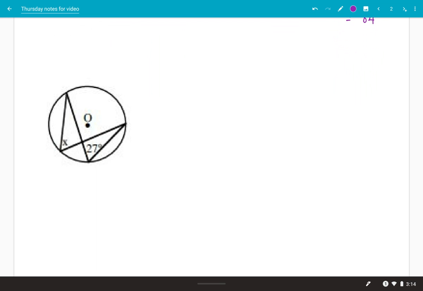Okay? Now, this last one I do like. So we always start with what we know. So this angle is 27 degrees. We want to find out what this arc is. So this arc is going to be twice the angle. So it is going to be 54 degrees.